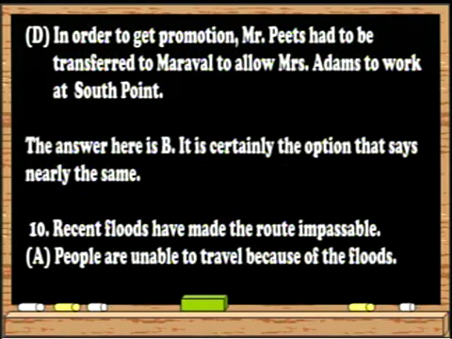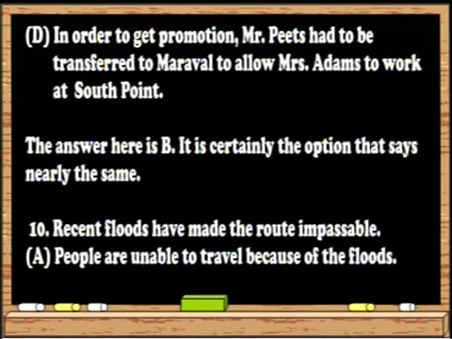In order to get promotion, Mr. Peets had to be transferred to Marvel to allow Mrs. Adams to work at South Point. The answer here is B. It is certainly the option that says nearly the same.